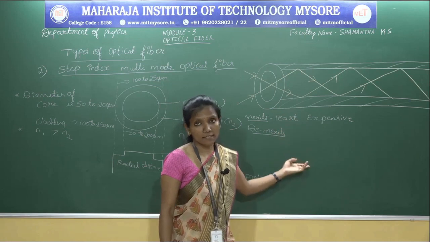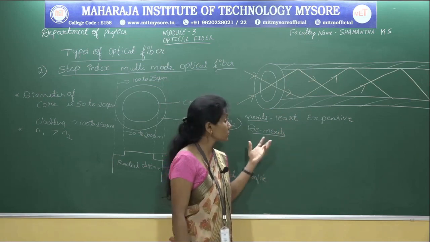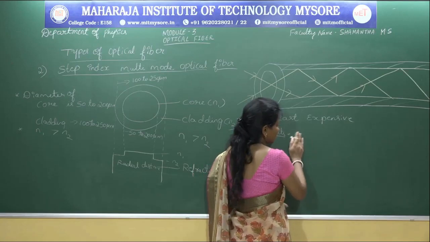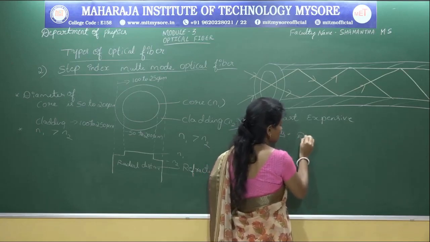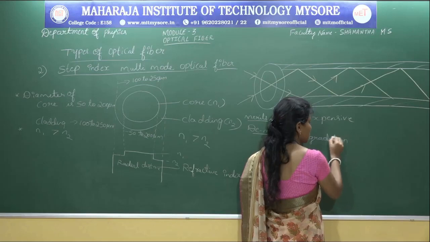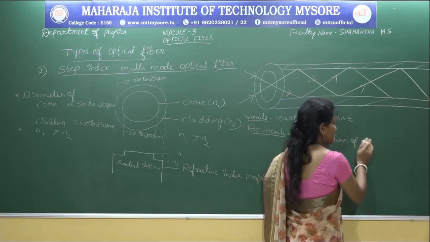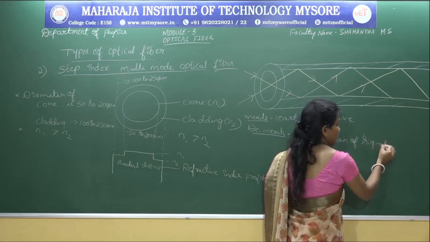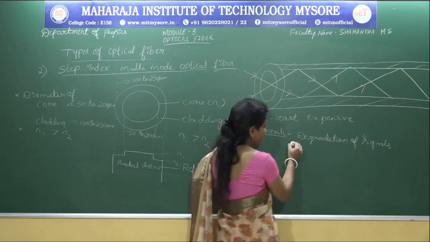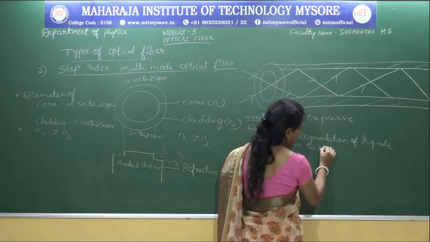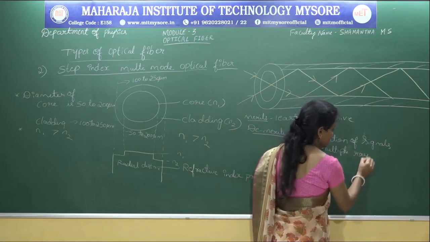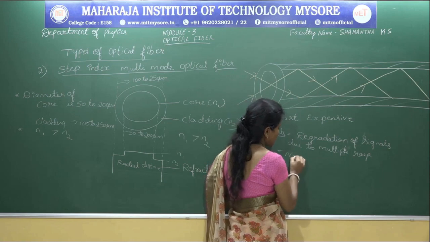That is, a loss of signals happens inside the optical fiber, and due to the lower bandwidth, degradation of signals will take place, along with attenuation due to multiple rays of signal. This is not suitable for longer distances.